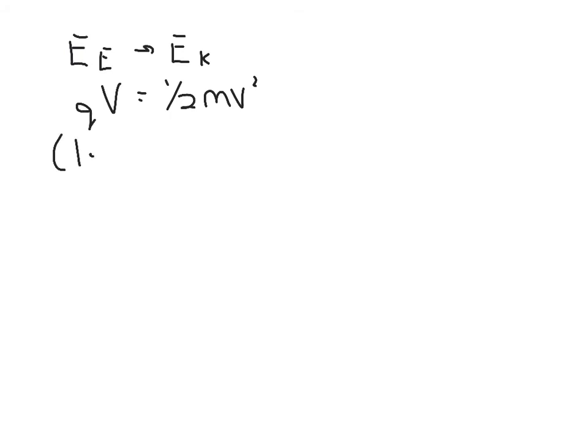To accelerate the proton, we talked about this before, the electric potential energy gets converted to kinetic energy, or the Q times volts equals 1/2 mv squared. Because it's a proton, we know its Q, 1.6 times 10 to the negative 19. The question made up a voltage of 1,000.